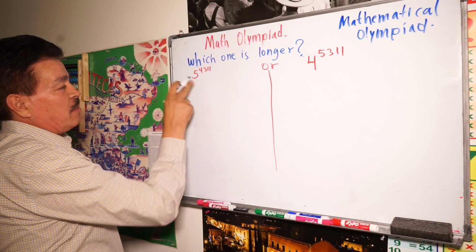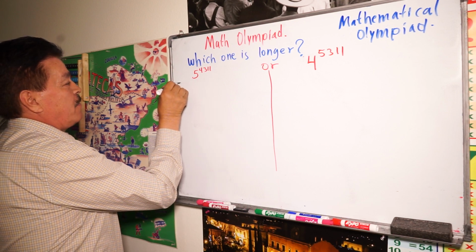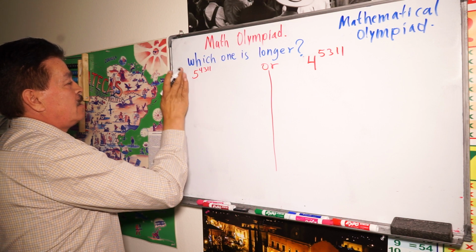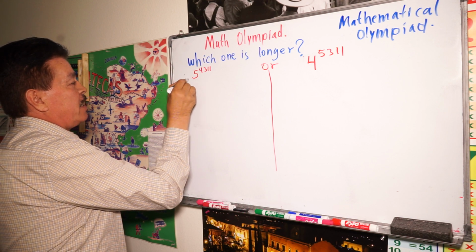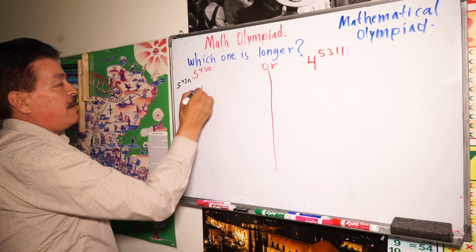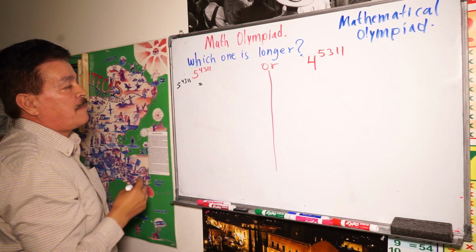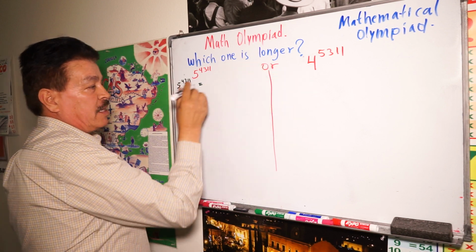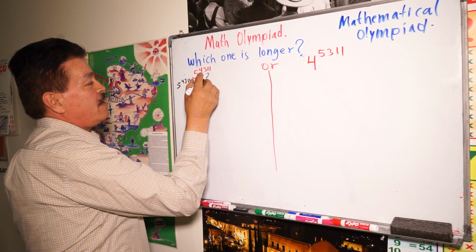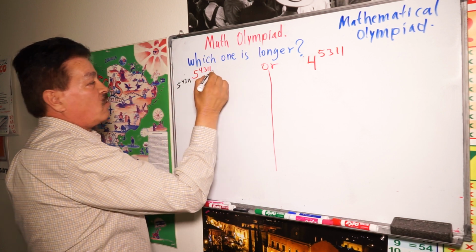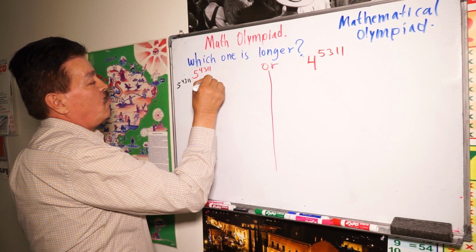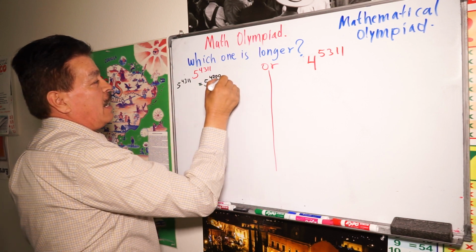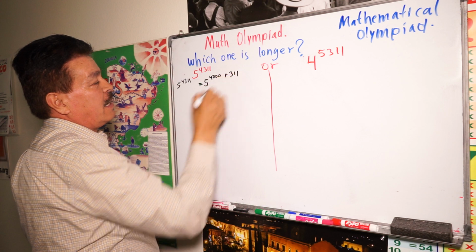So we have this number here, 5 to the 4,311 power, okay? I'm going to divide the exponent: 5 to the 4,000 plus 311.